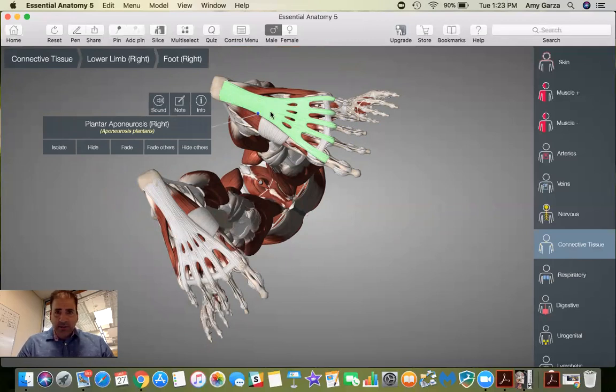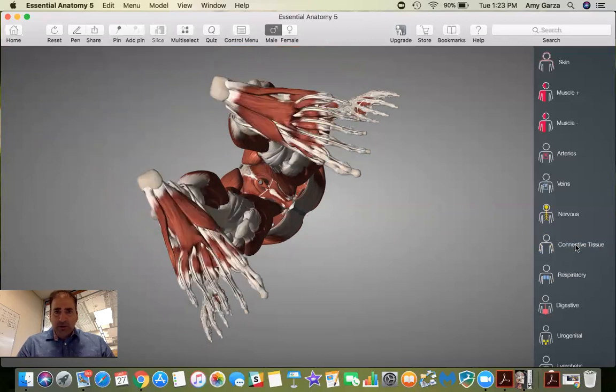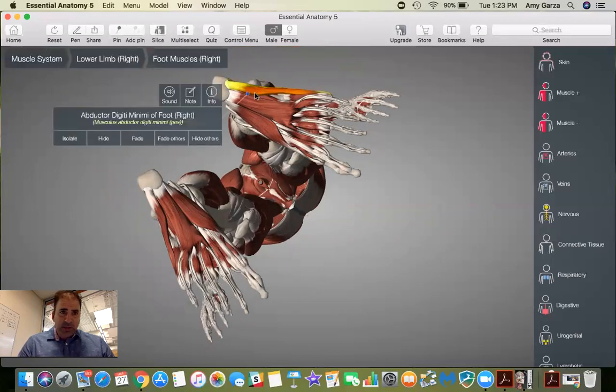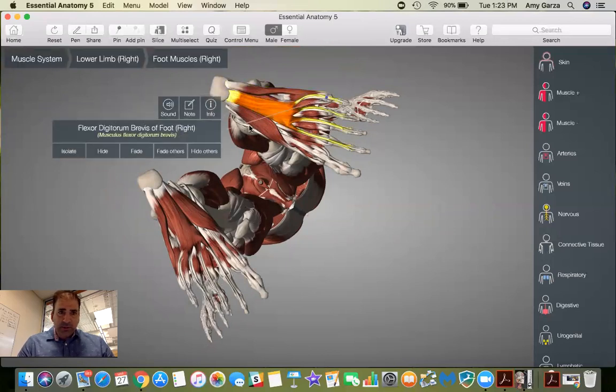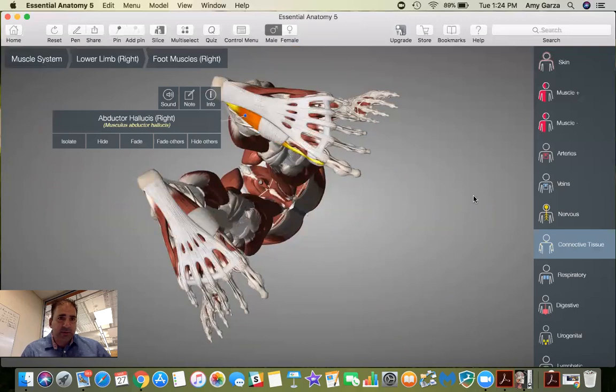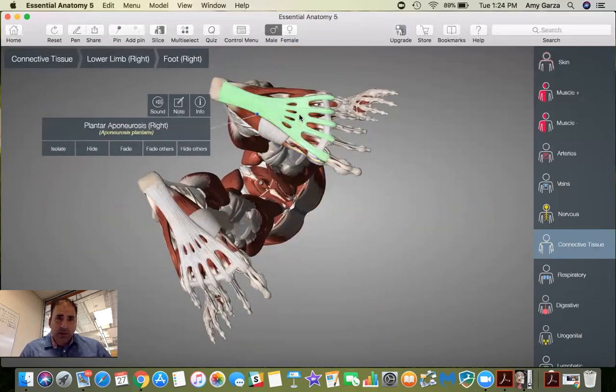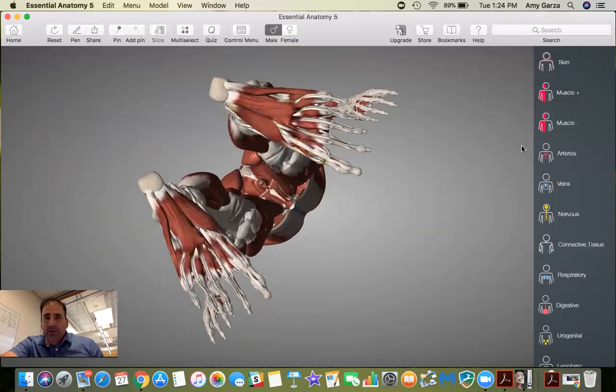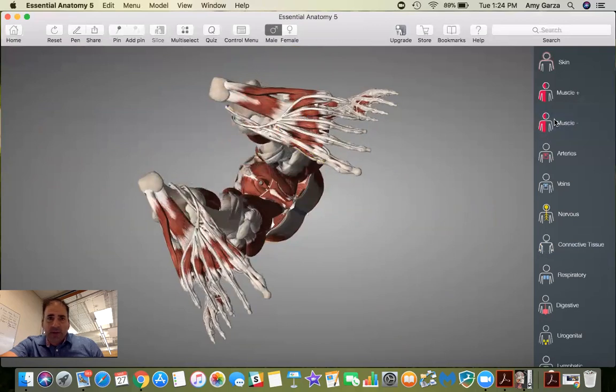This is that thick band of connective tissue that supports all the underlying muscles. The adductor digiti minimi, the flexor digitorum brevis, the adductor hallucis, all those muscles are underneath this plantar fascia, the plantar aponeurosis. That's what we mean when we talk about the plantar fascia.